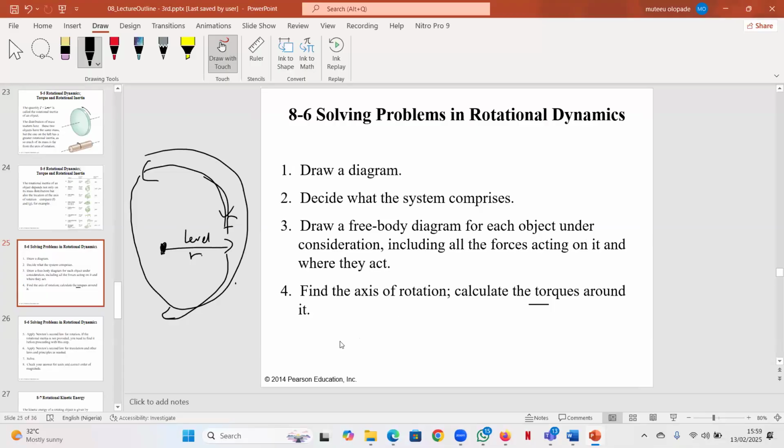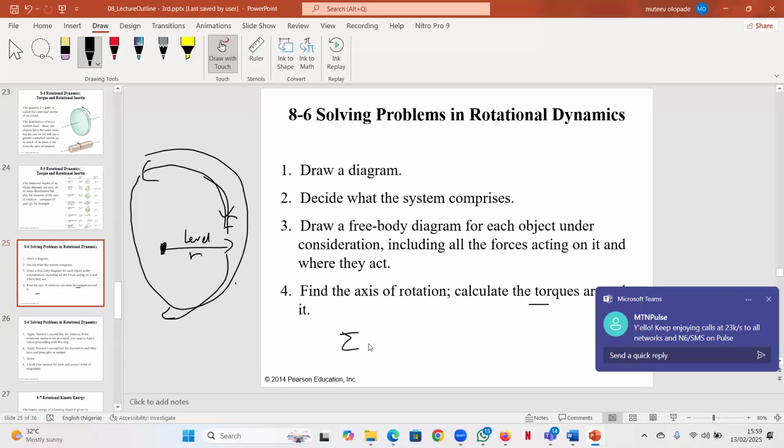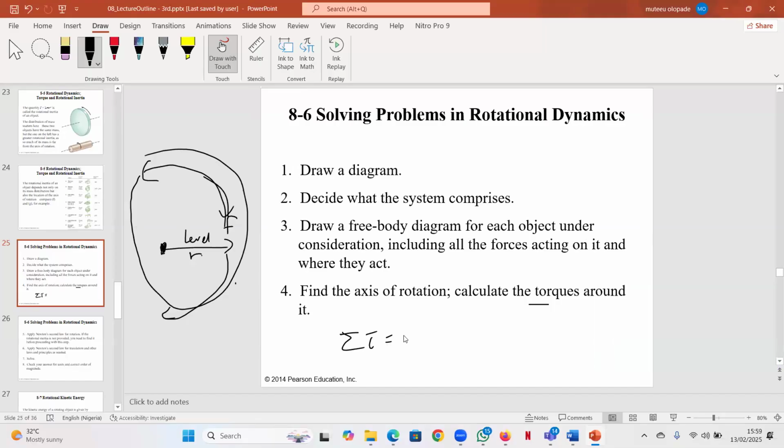So we've known that now the torque is given as this. You have it as F multiplied by the perpendicular distance R. But this distance is given as what? R squared. And the force is given as what? Mass multiplied by the angular acceleration.